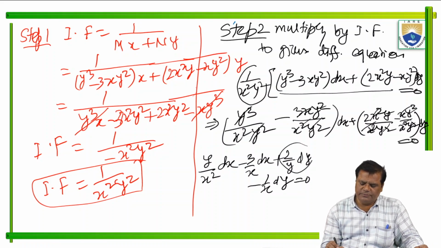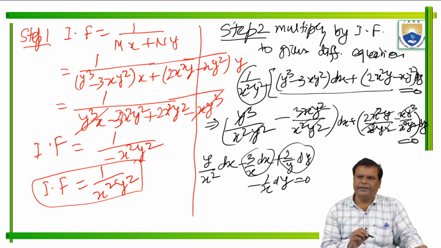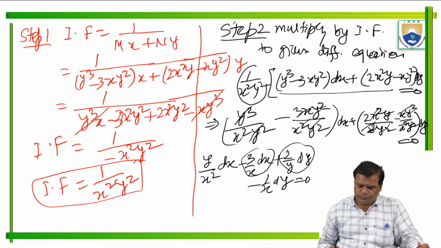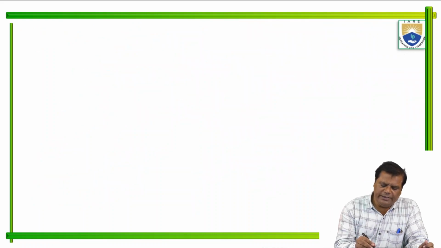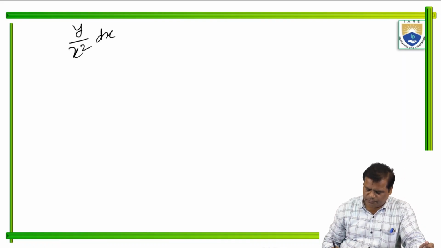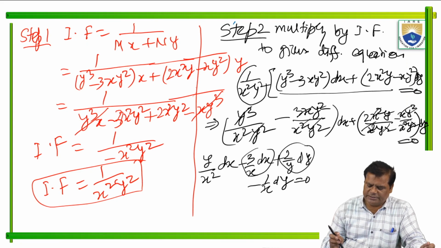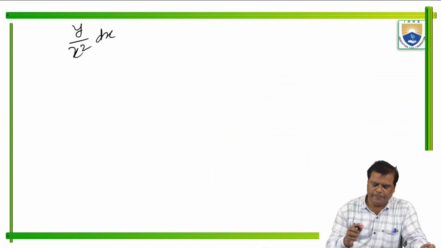Now these two terms are already variable separated here. So we apply here y dx upon x square. Y upon x square dx. Next term minus 1 upon x dy.